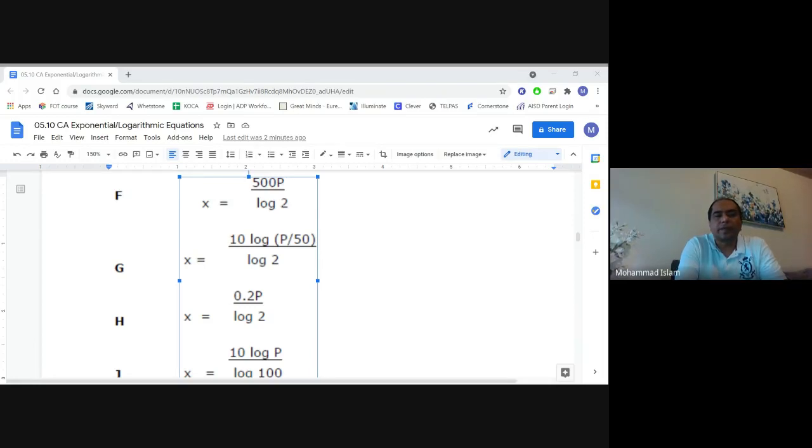So first of all, we have p equals 50. In this case we have the base 2, right? So 2 exponent x upon 10. Now what will I do first of all? Can someone tell me, please?